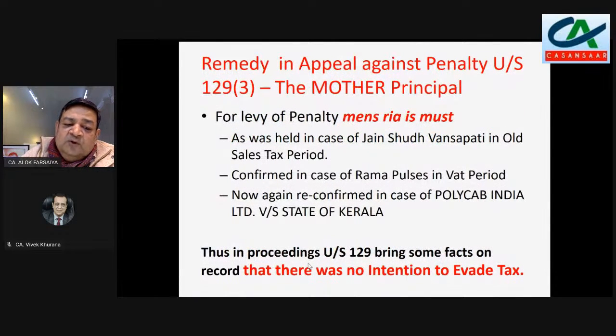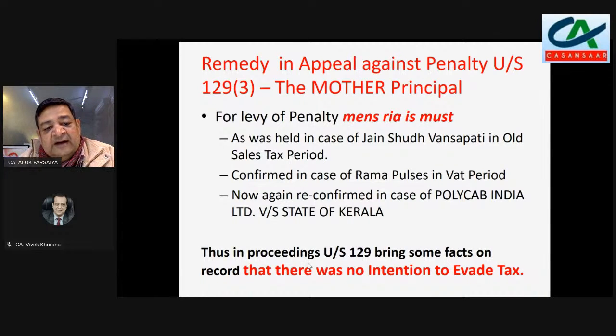And friends, when we go through the entire series of these decisions on e-way bill, we find a basic jurisprudence. The basic jurisprudence of the entire mechanism of penalty is that there should be mens rea, malafide intention of the persons behind it.